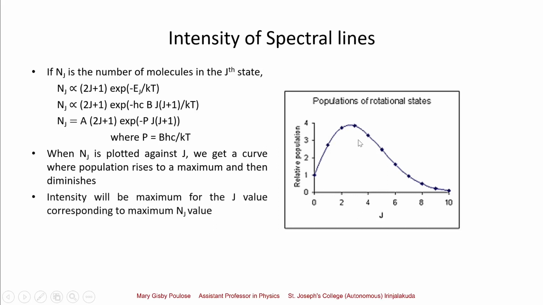The intensity will be maximum for the J value corresponding to the maximum Nj value. Where the population is maximum, the number of molecules in that energy level interacting with the microwaves will be greater, and hence the intensity of that spectral line, that frequency, will be higher.